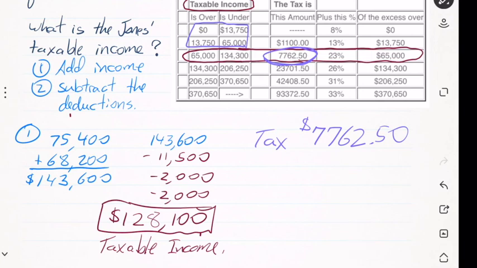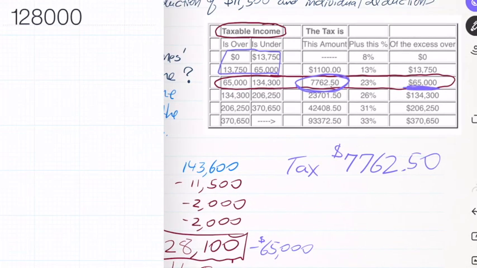All right, and then we need to find the tax of the amount of money in excess of 65,000. So then I'm going to go down here and subtract 65,000 from this. 128,000 minus 65,000.